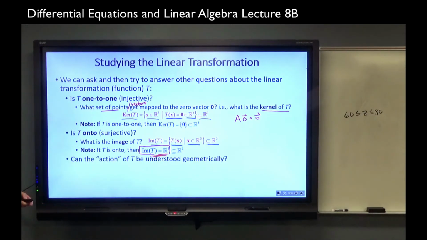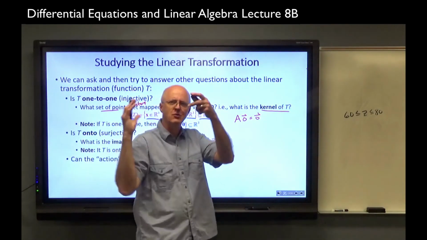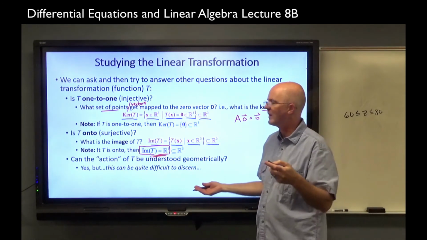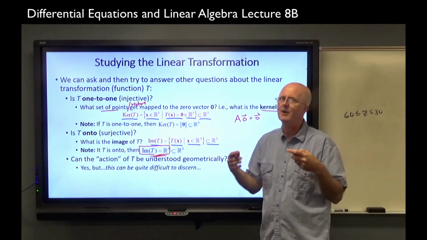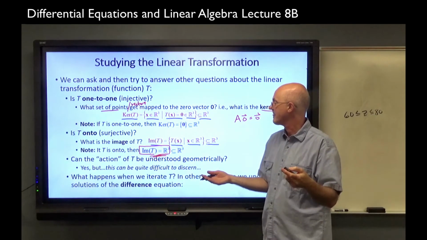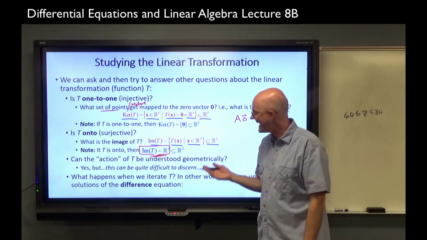We can also try to understand the action of T geometrically. Does it involve some sort of higher dimensional rotation or reflection? In general, that's quite difficult and not something we're really going to focus on for higher dimensional linear transformations. However, we will focus on something else that is related.